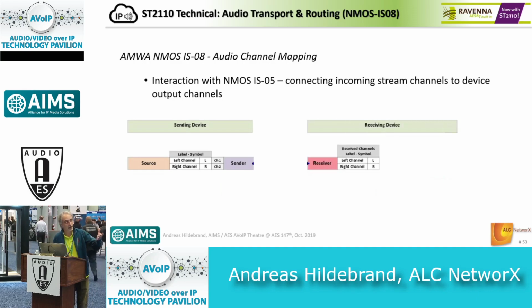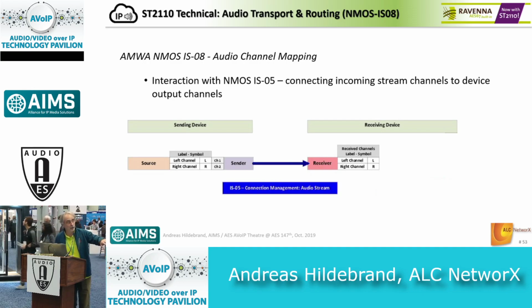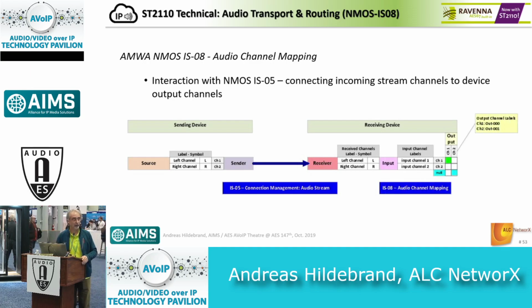Now we have a receiving device, and through the IS-04 advertisement we know there's a receiving point which has the capability to receive a 2-channel stream. So it then executes the flow connection through IS-05 between the sender instance of the device and the receiver instance of the device. So the stream is now flowing utilizing IS-05.